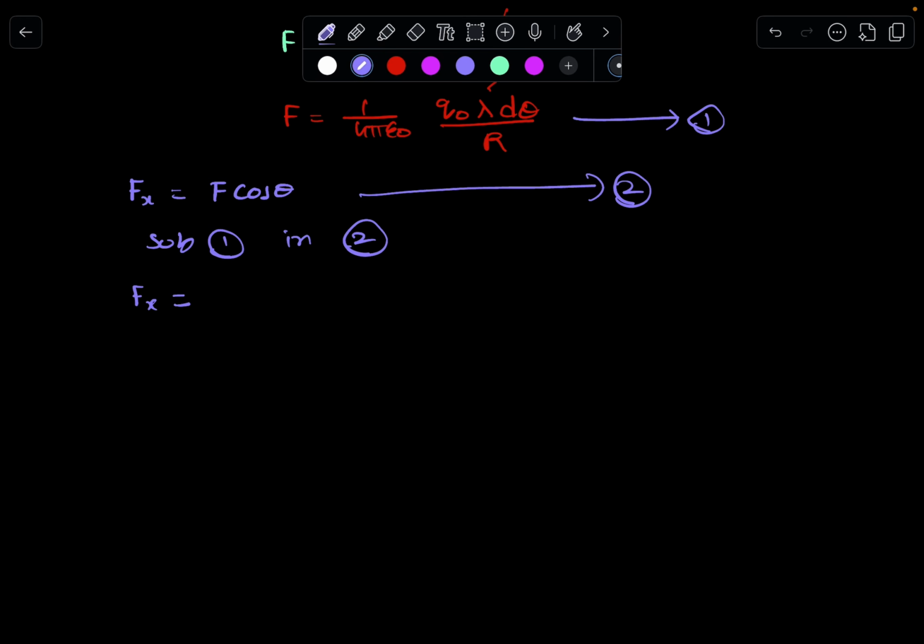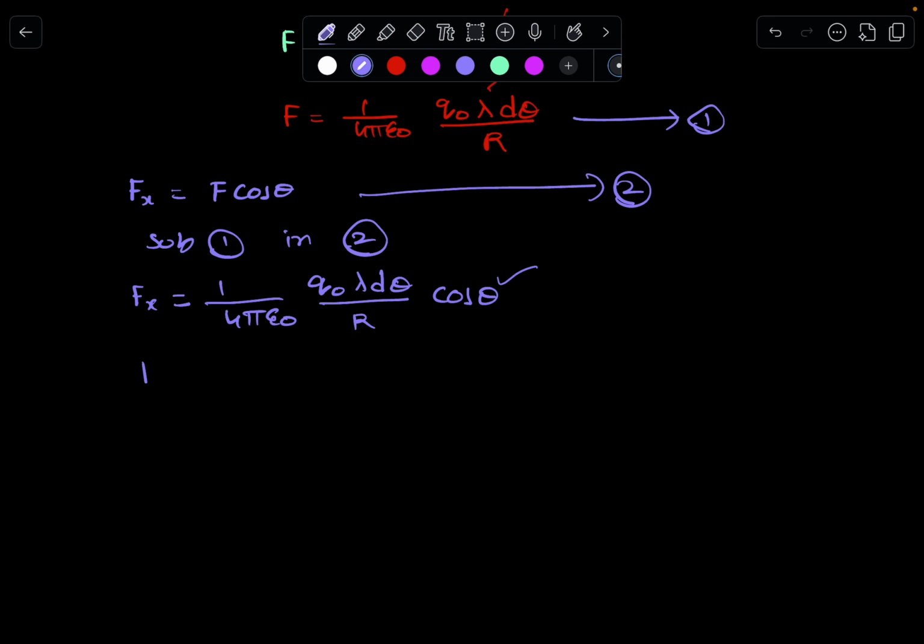Therefore Fx is equal to 1 by 4 pi epsilon naught into q naught lambda d theta by r into cos theta. Okay, so after writing this step, I'm going to integrate this cos theta.